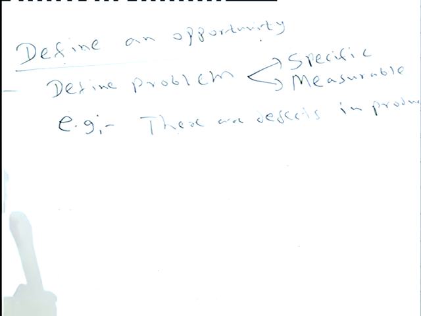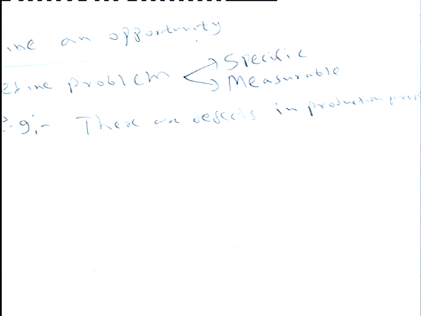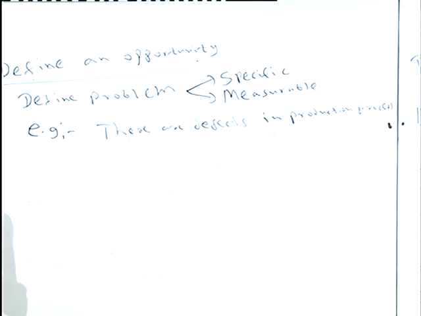Is that specific and measurable? It doesn't say what type of defects you are having, or how many units or some other quantity related to the process issue.